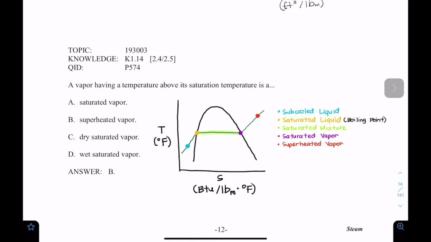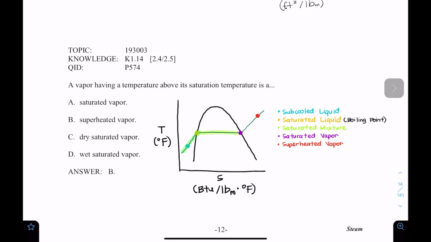We need to know the names, right, of each step on my TS diagram. Okay, question P574. So it doesn't matter what the question asks, but for instance, I have my TS diagram here. And this part is where I have my subcooled liquid. If I'm increasing the temperature, I'm adding heat.